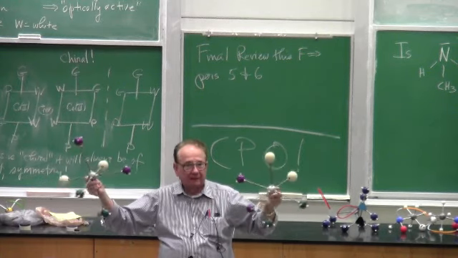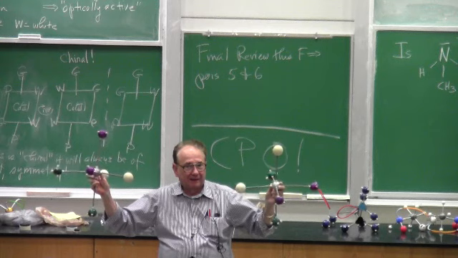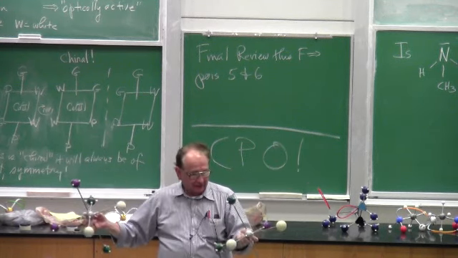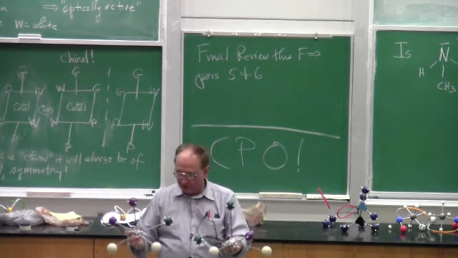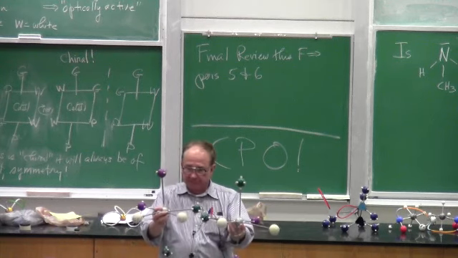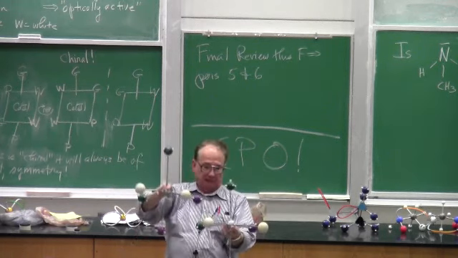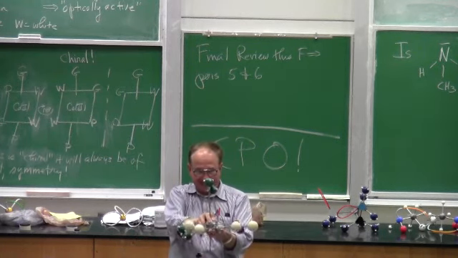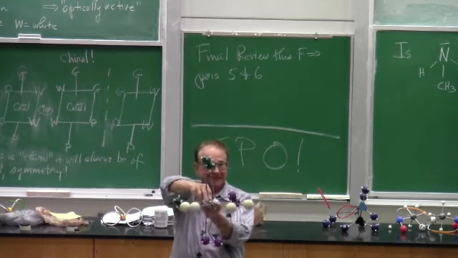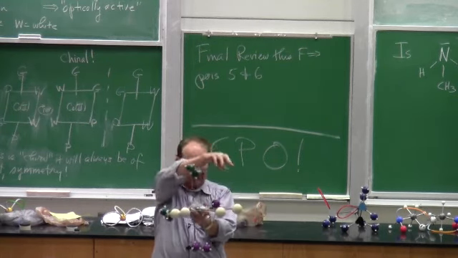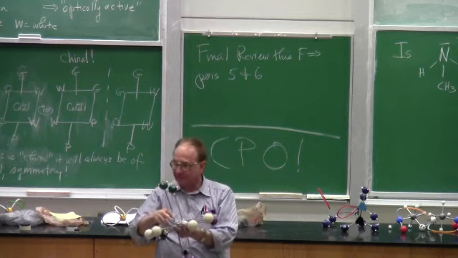How do we find out? Superimposition test. So let's hold the white ones this way and the white ones this way. Let's turn it over. How about that? These things are the same, right? Two greens, two whites, two greens, two whites, two purples, two purples.